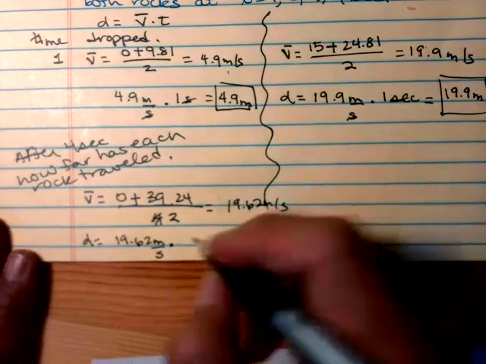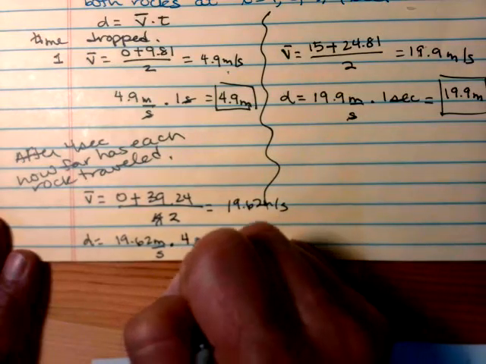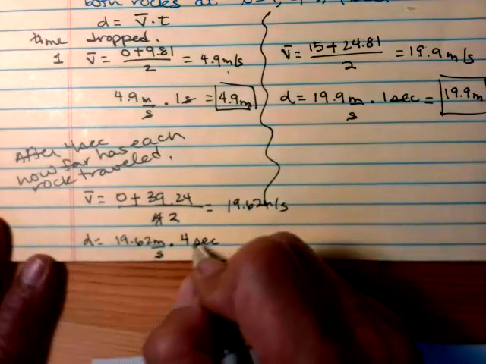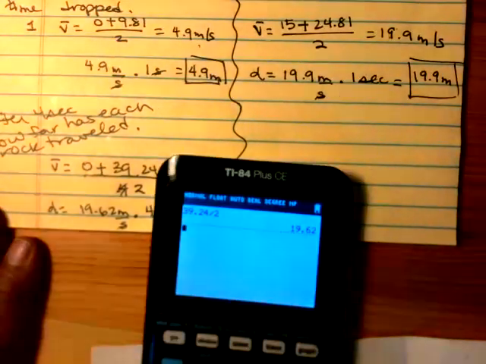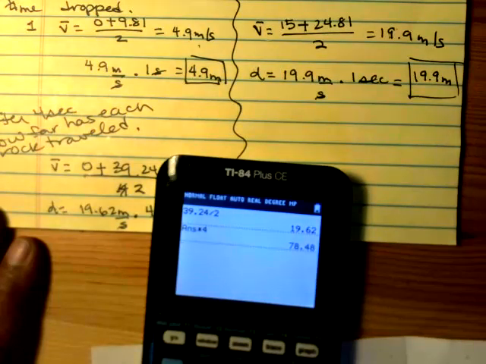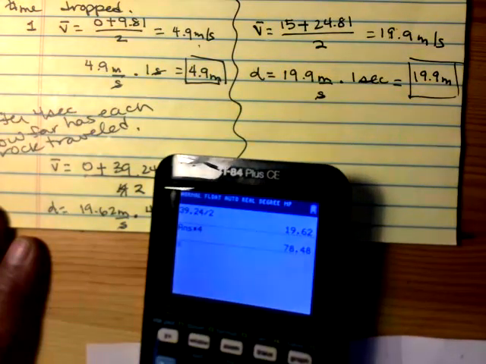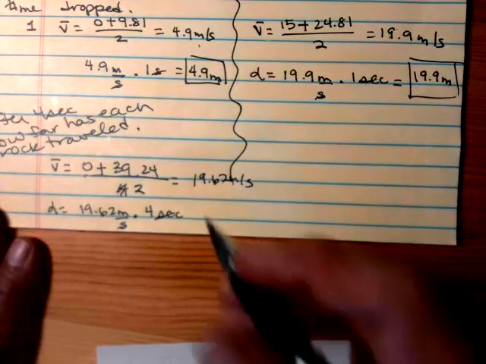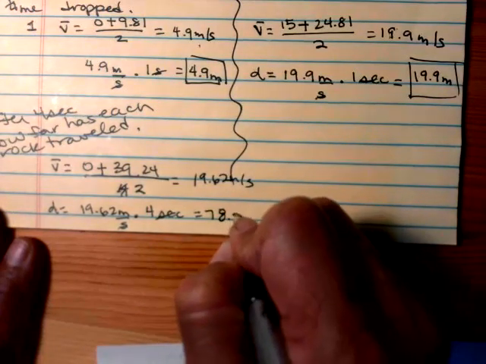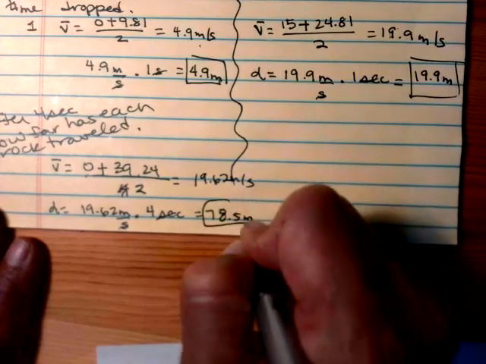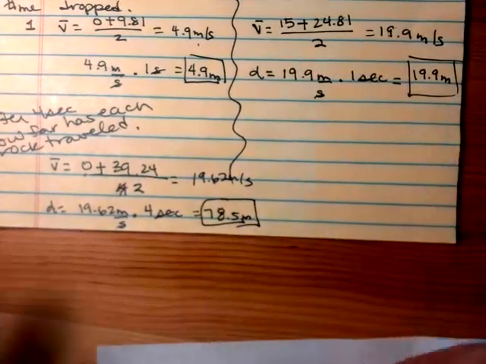And it will hold that average velocity for the 4 seconds it's falling. So cancel out your seconds. So 19.62 times 4 is 78.48 meters. So 78.5 meters.